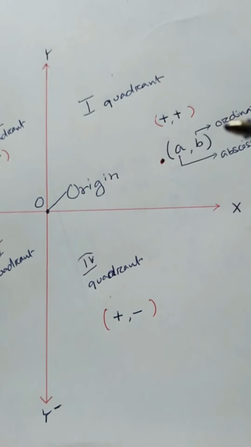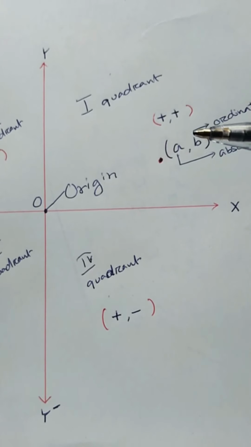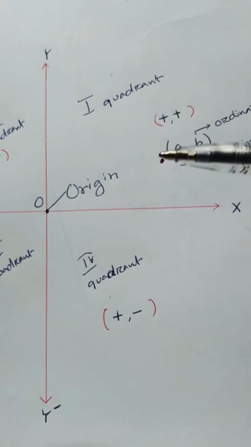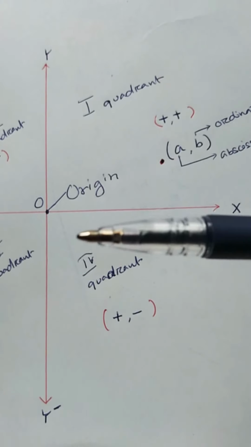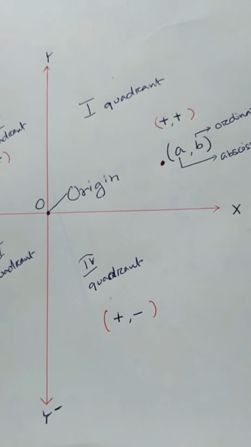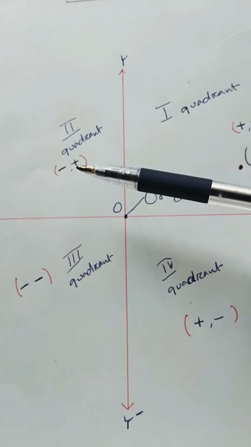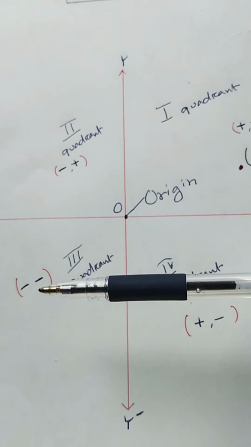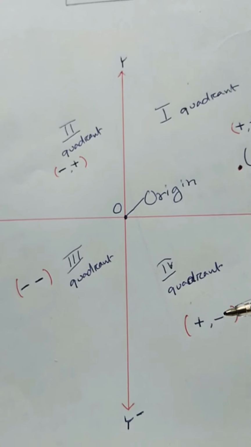So accordingly, the sign of the abscissa and ordinate will also be different depending upon the position in the quadrant. Here both are plus, plus. In the second quadrant it is minus, plus; third quadrant minus, minus; and fourth quadrant plus, minus.